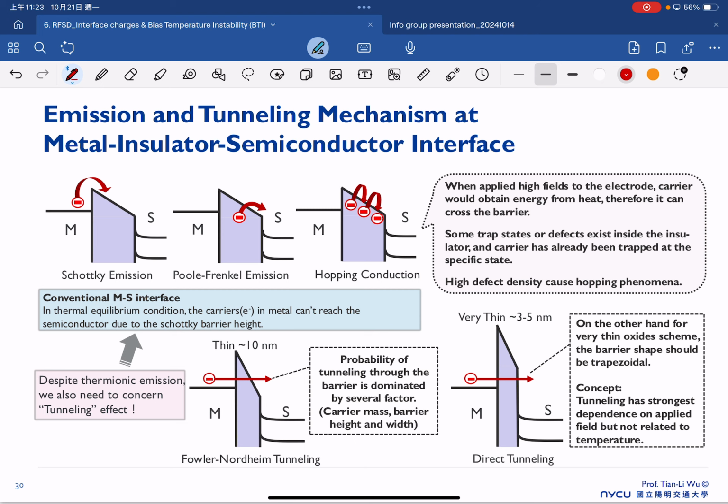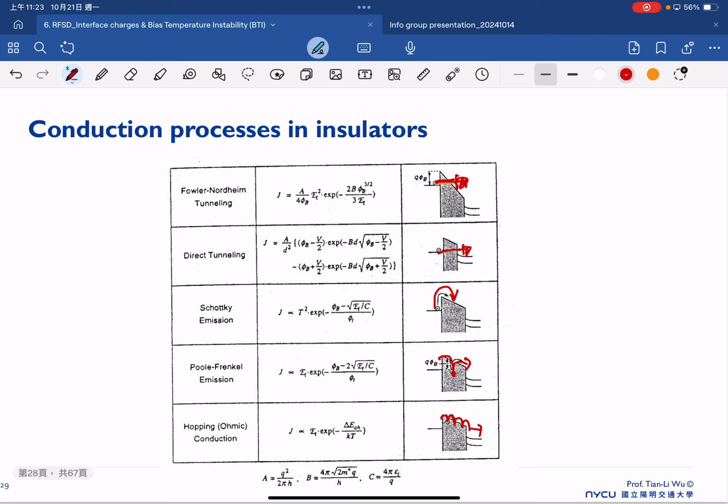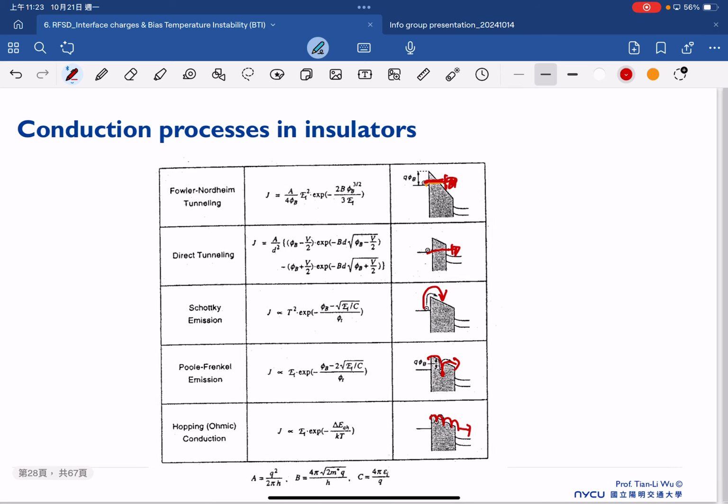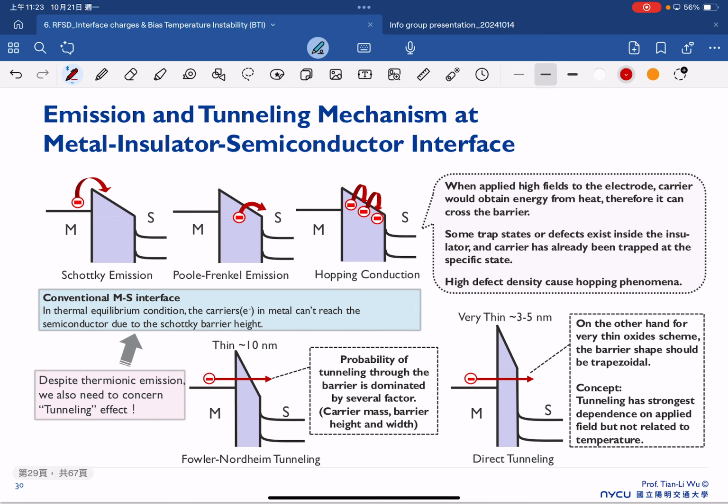Just trying to summarize. And the main difference between this and this is that this is a slide that I copied from very old literature, very classic, very epic literature, but the quality of the figure is poor. And this is a slide that comes from a student presentation.